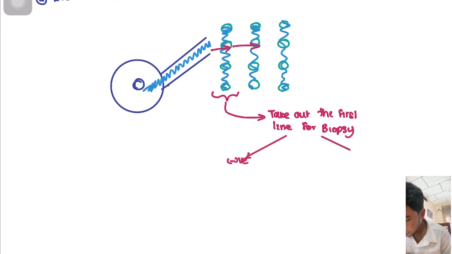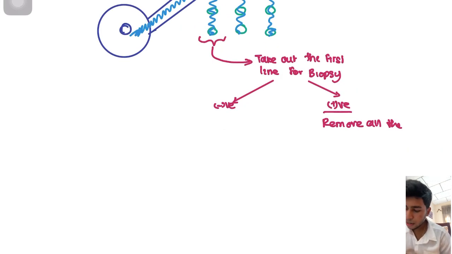But if it is positive, you remove all the lymph nodes, and we consider N to be positive when more than 4 axillary lymph nodes are affected.